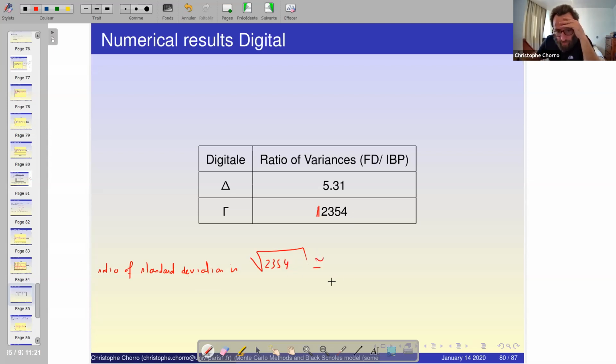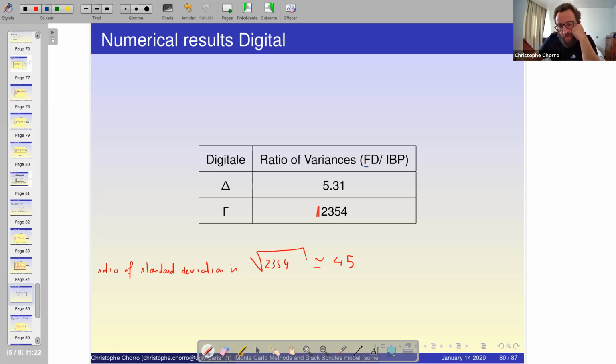I don't know exactly what it is, but let's say something like 45, more or less. So I have a ratio of standard deviations that is this one.